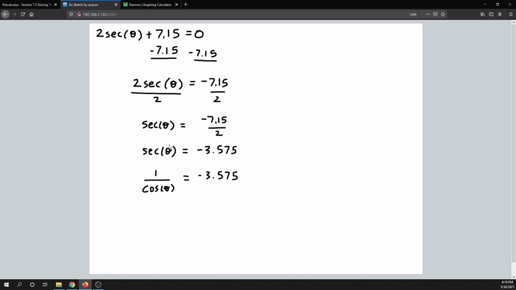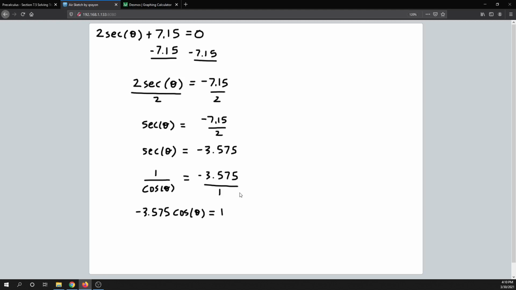And so you can think about this as two fractions being equal, right? So we can cross multiply. When we cross multiply here, we get negative 3.575 cosine theta. And multiplying here, we get 1 times 1.